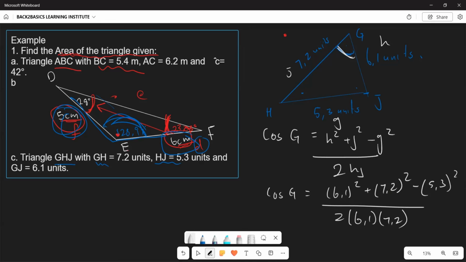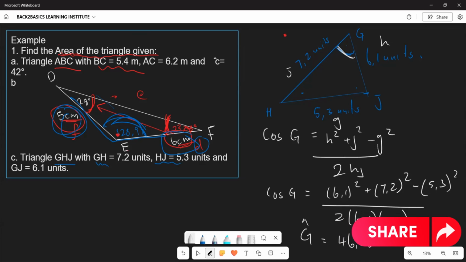Therefore, if you punch this in a calculator, then you calculate your angle G. It is going to be 46.05 degrees, right? Now that is what you are having.